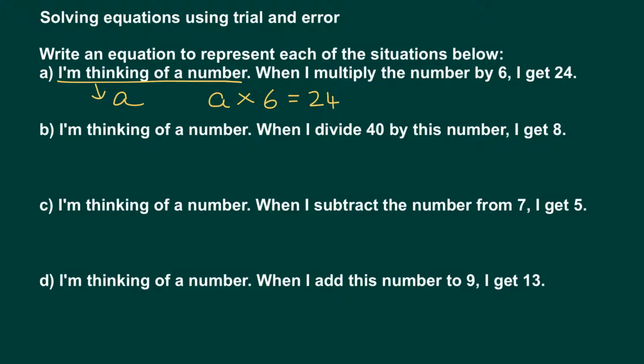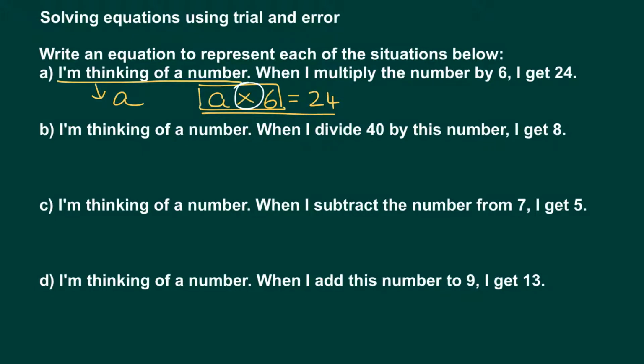I have literally just taken the information that they've given me, and I've written out what we call an equation, because we have an expression here, which is A times 6, which equals a constant, or a number on its own, which is 24. So A times 6 equals 24. Now guys, when it comes to algebra and linear equations, we don't use the multiplication sign.